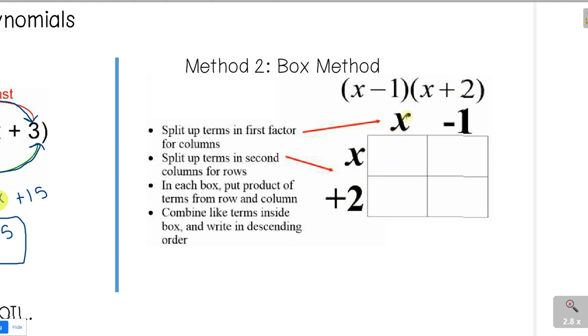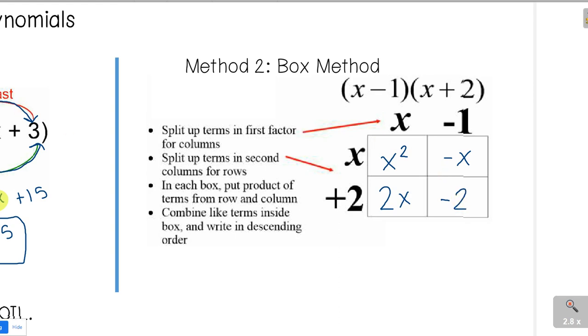So this box is connected to an x and an x. So x times x gives you x squared. For this box here, we have x times negative 1. That gives us a negative x. Then we have x times 2. So that gives us 2x. And negative 1 times 2 is a negative 2.